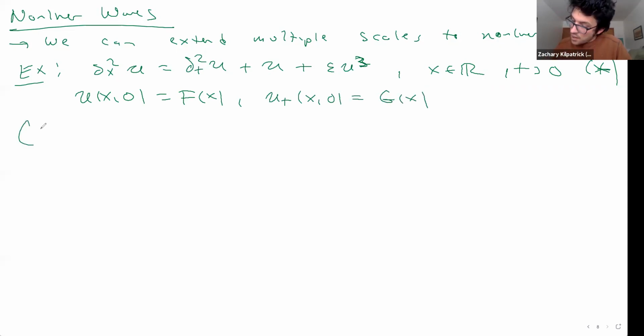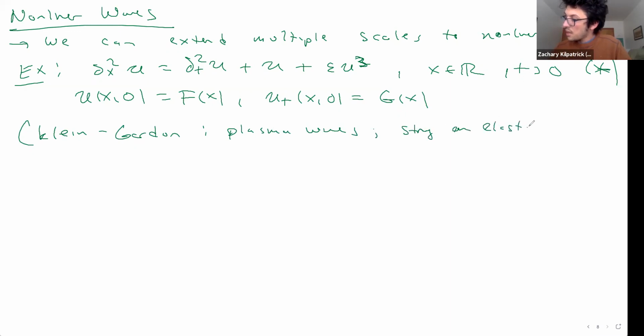And in particular, it's called the Klein-Gordon equation. It's relevant to models of plasma waves and strings on elastic foundations. And it's this nonlinearity that leads to some interesting behavior.